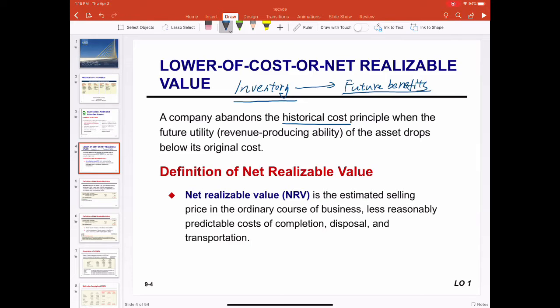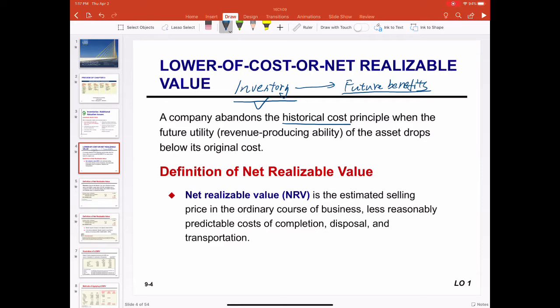An electronics device will have a price cut when the newer model comes out. So the future benefits decrease. That means historical costs may not be relevant. So we are going to use more relevant information to value the potential impairment in the inventory.